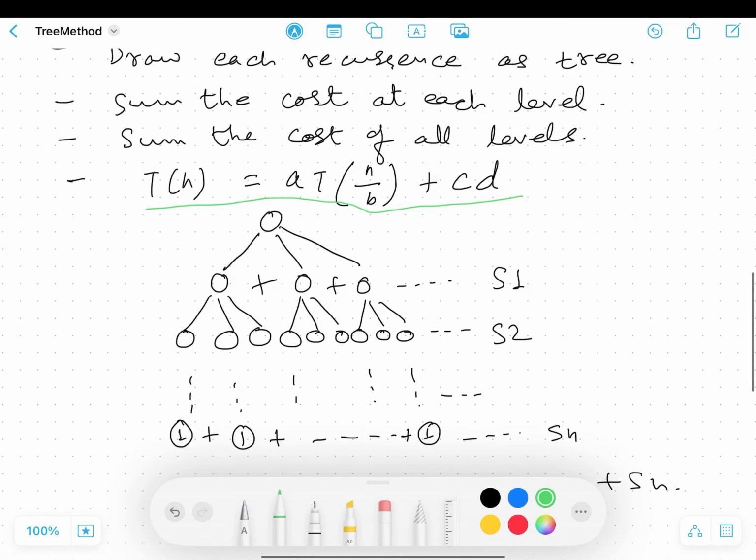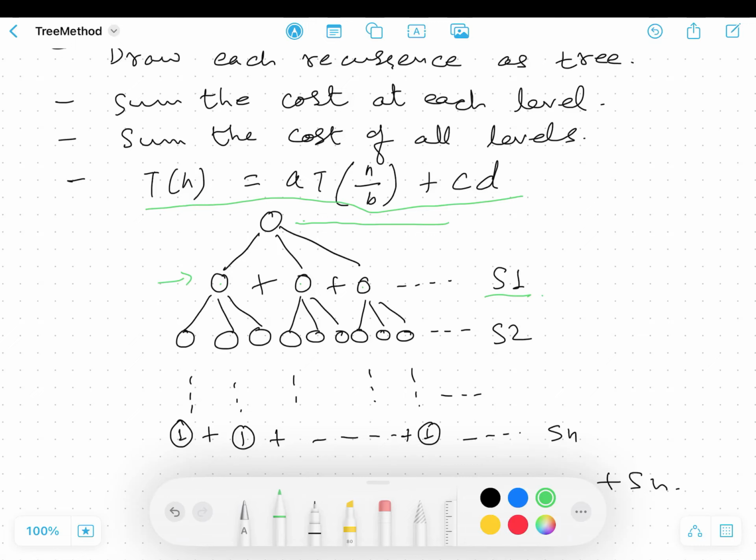And if you see here, let's say we have the original problem here, then it's divided at the first level, and we take the sum of all the costs, and let's say the sum is S1.